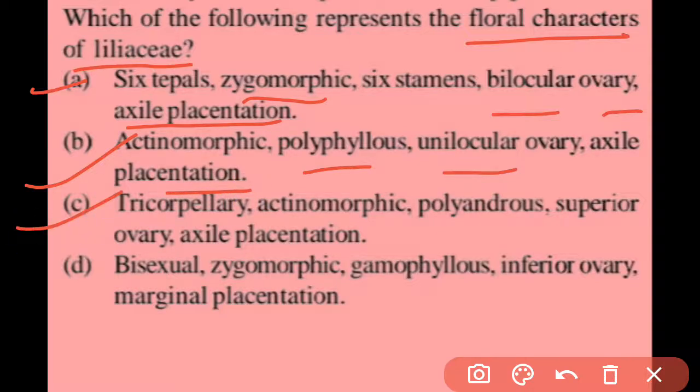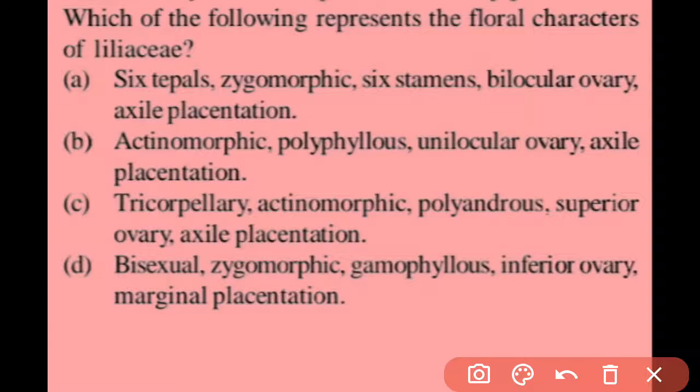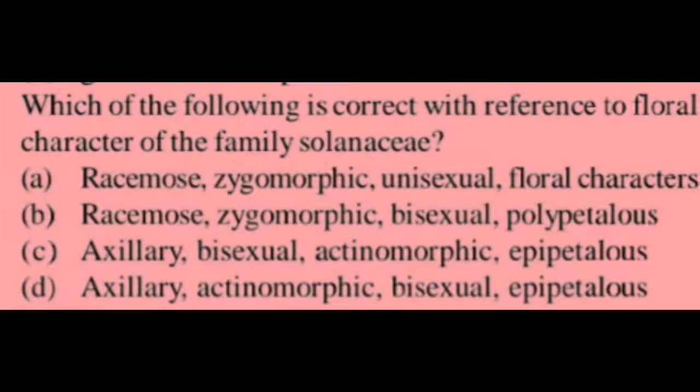The third one is trimerous, actinomorphic, polyandrous, superior ovary, axile placentation. And the last one is bisexual, zygomorphic, gamophyllous, inferior ovary, and marginal placentation. So the correct option is option C: trimerous, actinomorphic, polyandrous, superior ovary, and axile placentation. Okay, let's move on. Next question.